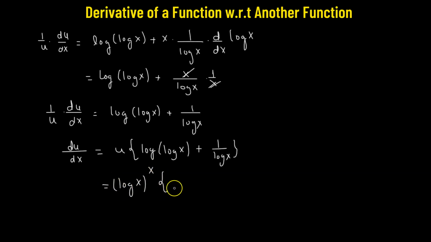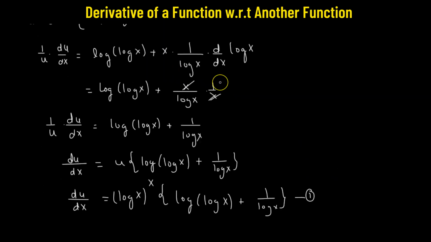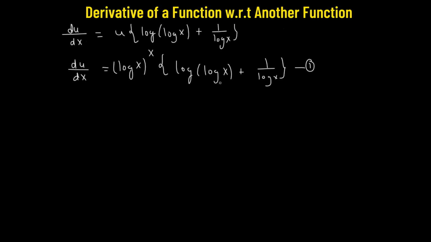So this is multiplied by log log x plus 1 over log x. So now we have du over dx. Let's label this as number 1. And we have already obtained the derivative of v with respect to x, which is 1 over x. I will label this as number 2.